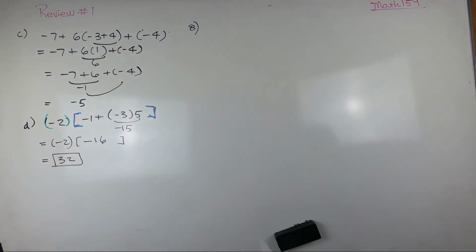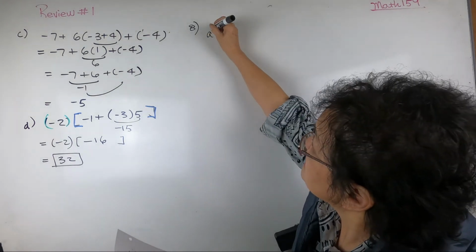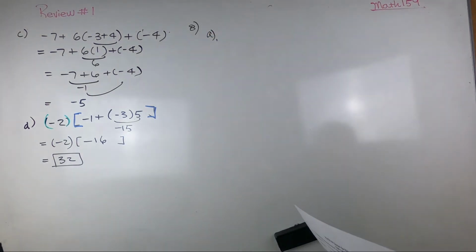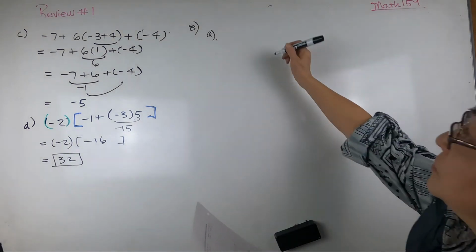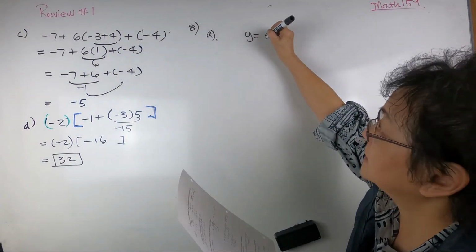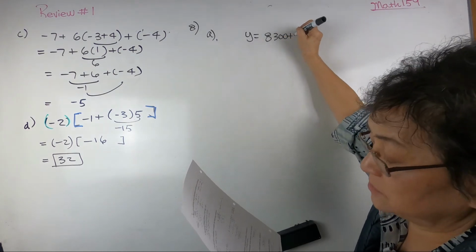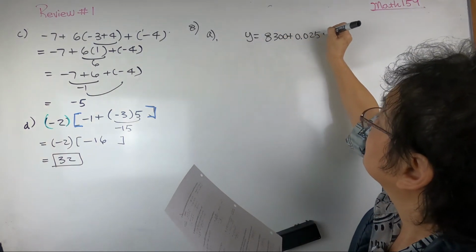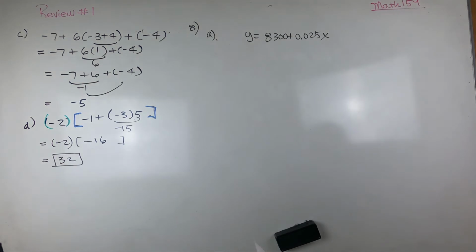for number 8. So it says, if the equation of the regression line that relates income in dollars of students' parents X, okay, with cost in dollars of tuition Y, is Y equals 8300 plus. Okay, let's read the question again. See what they are telling us.